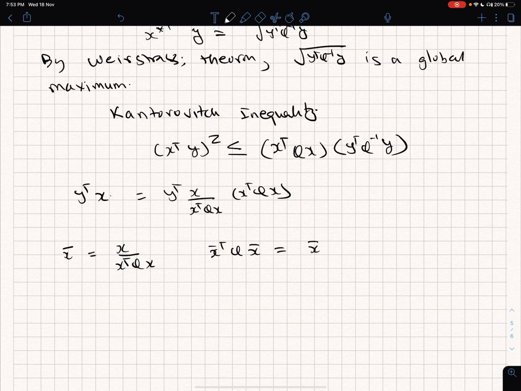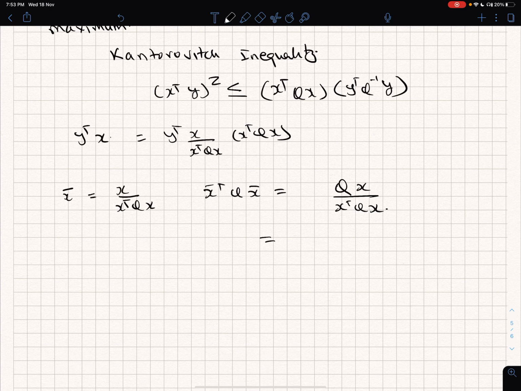First pre-multiplying by q, qx bar will become qx divided by x transpose qx, and then when I multiply this by x bar transpose, I will get x transpose qx divided by (x transpose qx) whole square, which is 1 by x transpose qx.